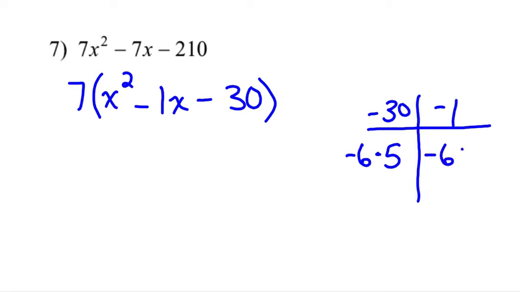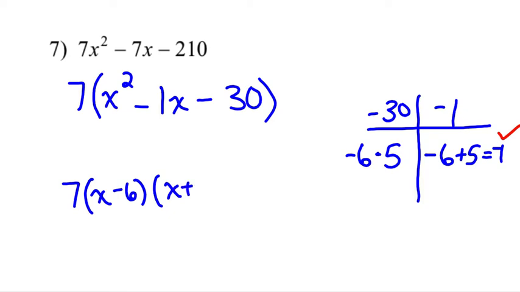But eventually you'll get to negative 6 plus 5 is a negative 1. Negative 1, there we go. So there is our final answer. Let's write it in our problem over here. So make sure you bring down the 7. X minus 6. X plus 5. There we go.